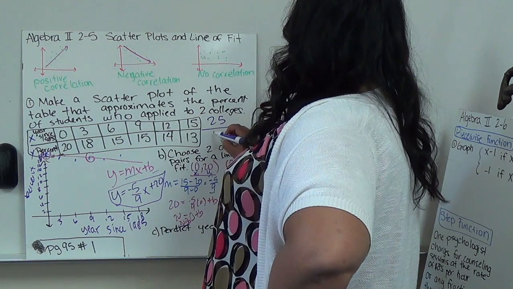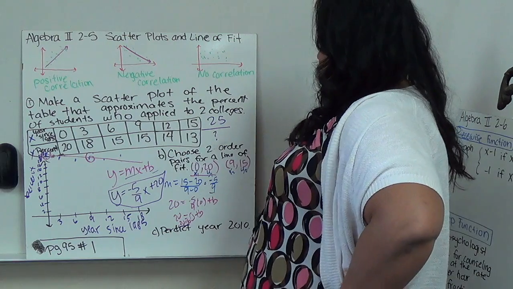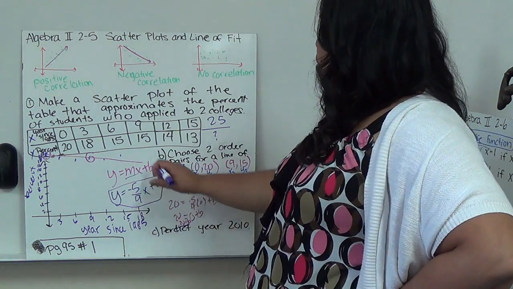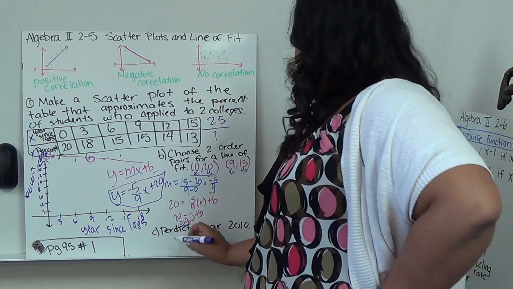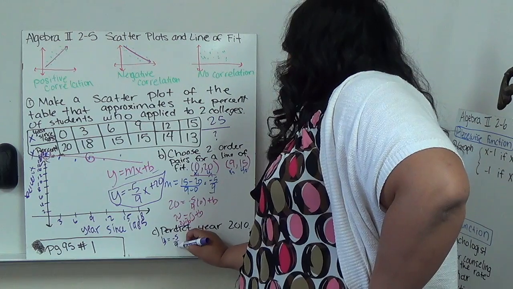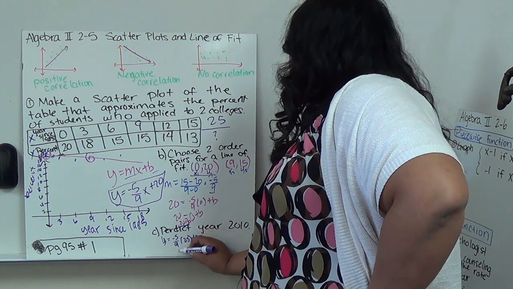So now I need to find 25, and part C is asking me: what's the percentage in 25 years from 1985? So I'm going to plug 25 in for my x. You see how that goes? So y equals negative 5/9 times 25 plus 20.